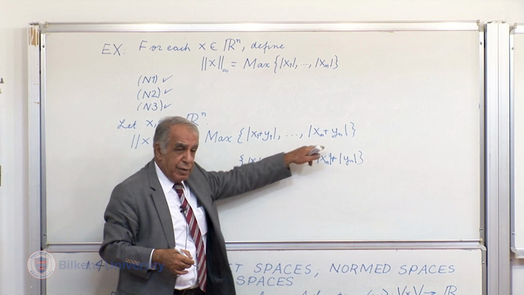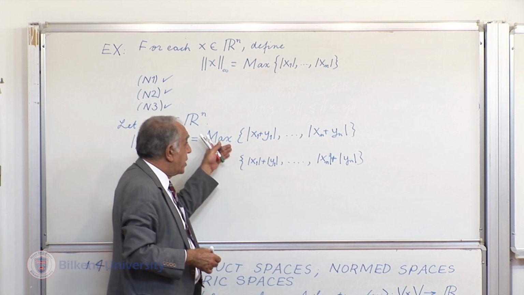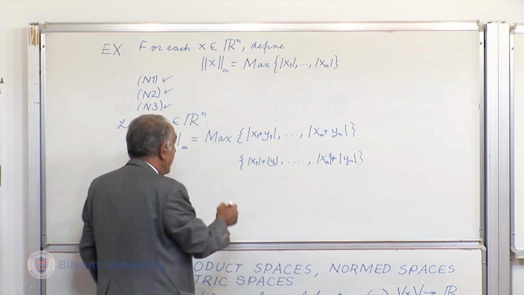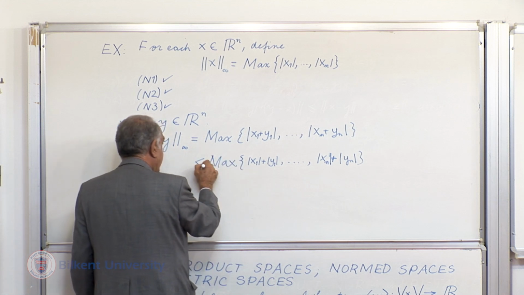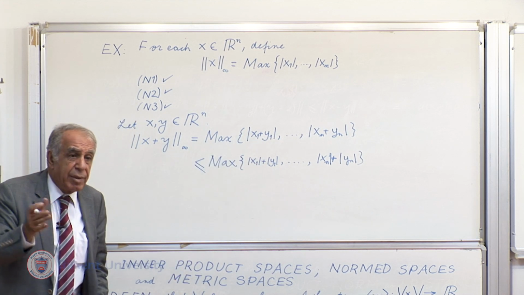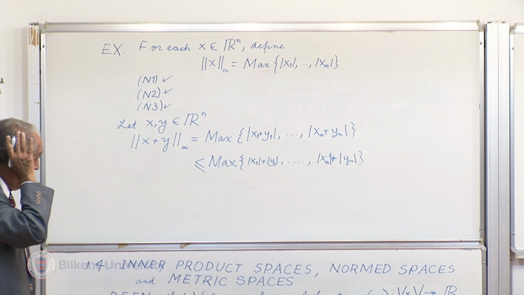This is larger than or equal to this. Thus, the maximum of this will be larger than or equal to the maximum of this. Okay. I replace each term in here by something which is larger than or equal to that, so the maximum either stays the same or gets larger.